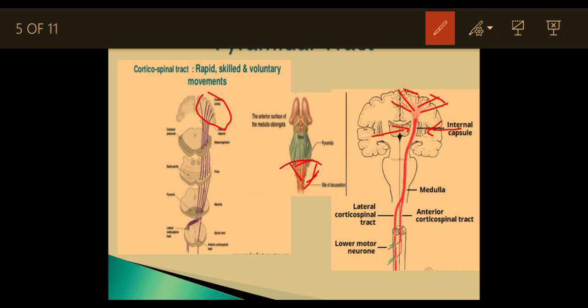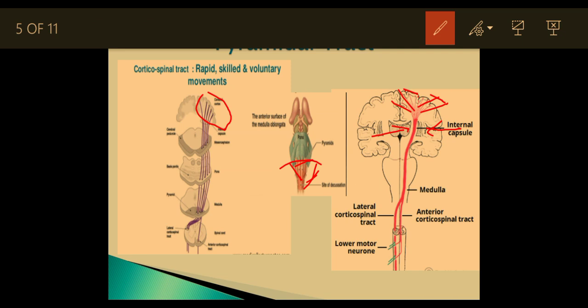Decussation is the crossing from one side to the opposite. It is called pyramidal decussation because 80% of the pyramidal tract fibers cross to the opposite side.